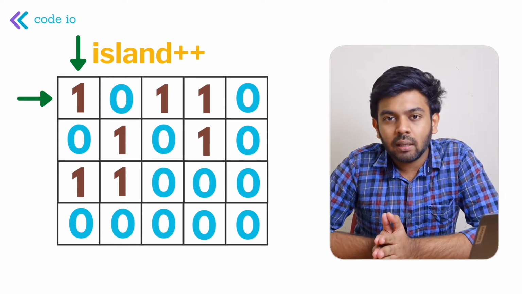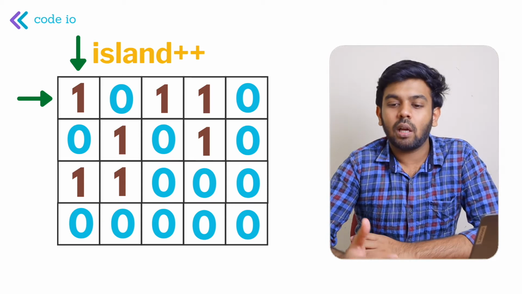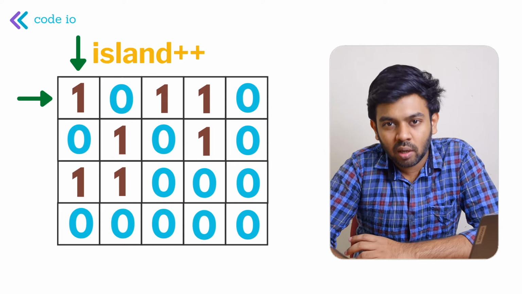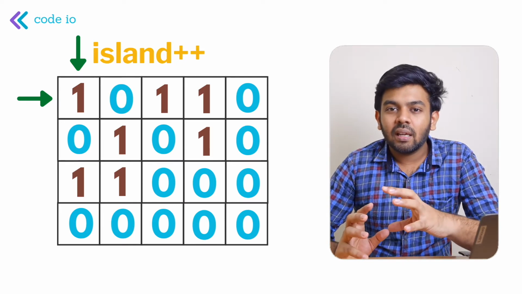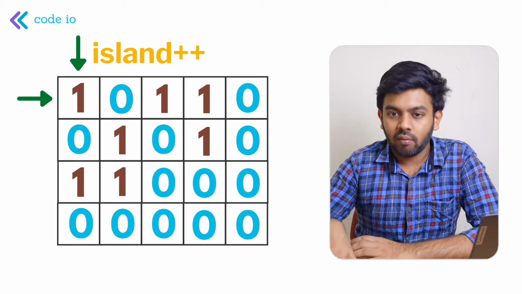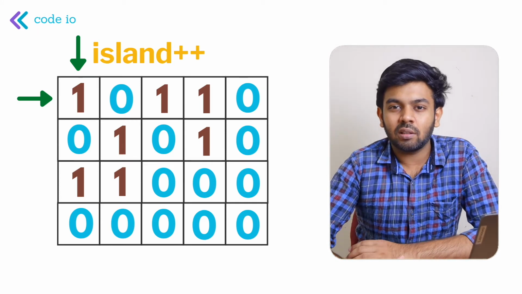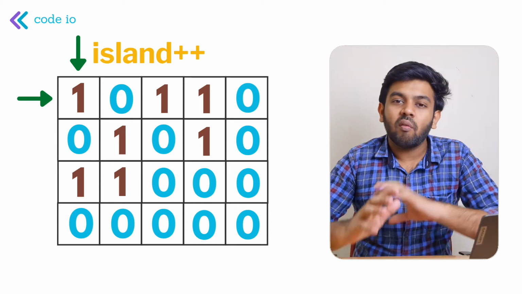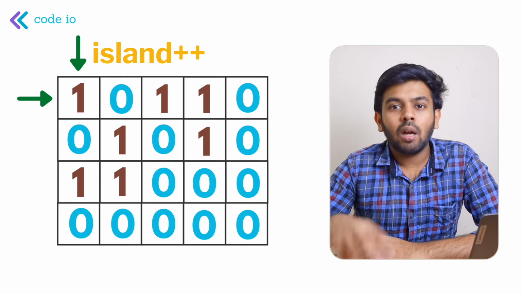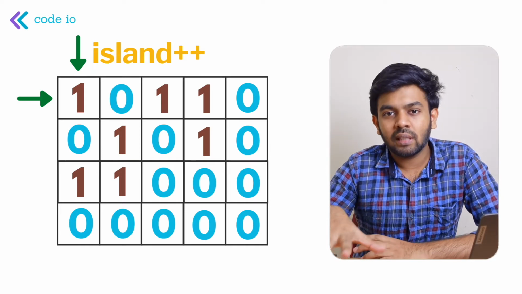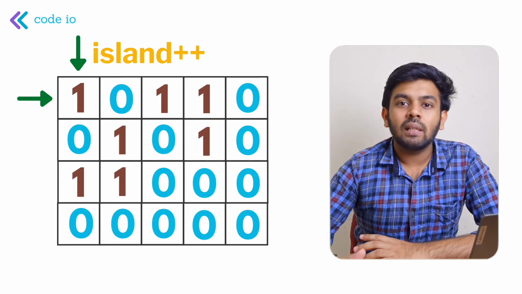What we'll do is increment the value of the number of islands variable, and we'll traverse in every direction from that particular land area and mark everything that is accessible as 0. We'll mark every other land area accessible from that land area to 0.